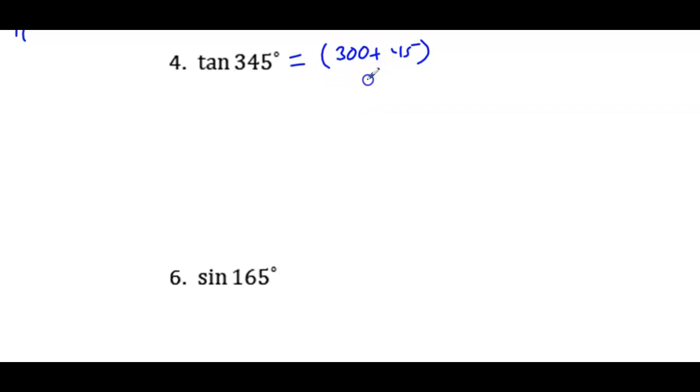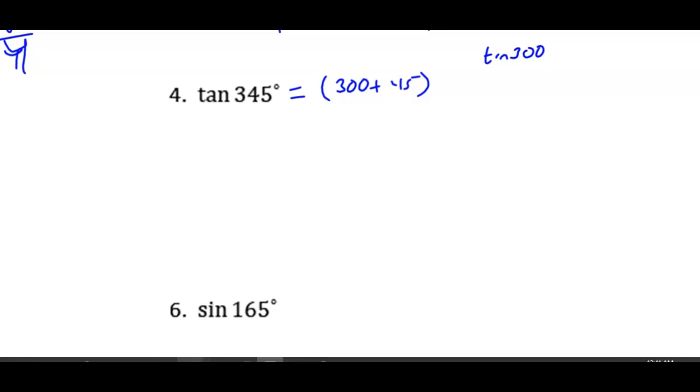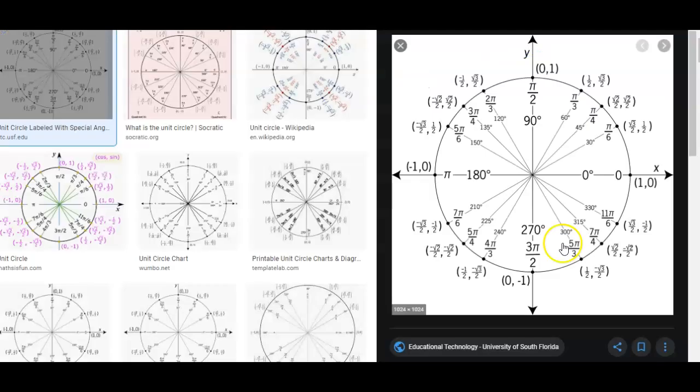What you need to do first is find the tangent of 300. Here's 300 right here, as you can see where I'm pointing. So negative radical 3 over 2 over 1/2. Sine over cosine.